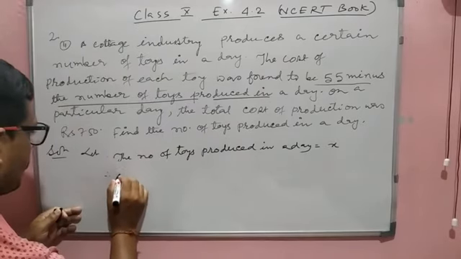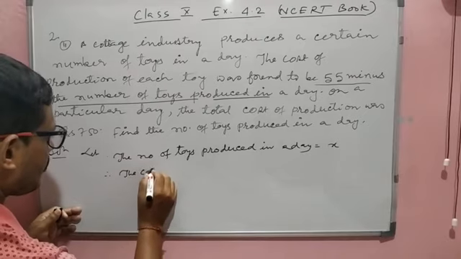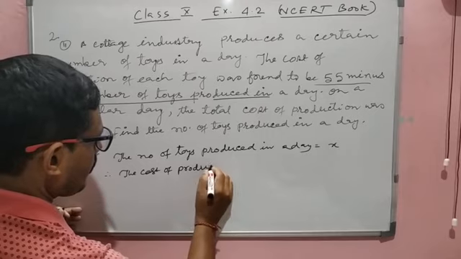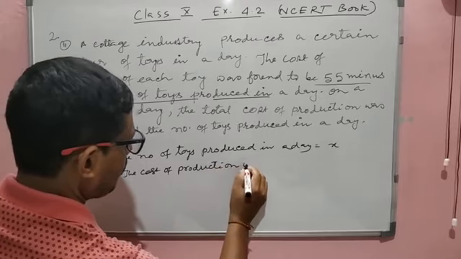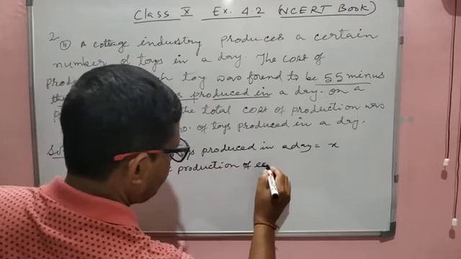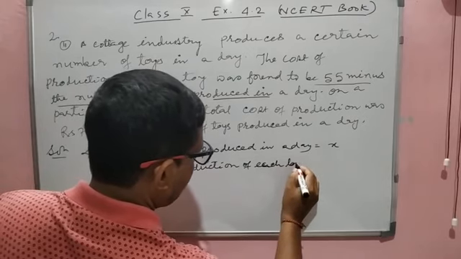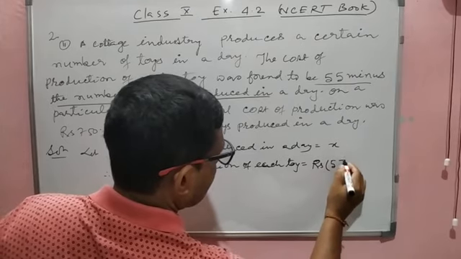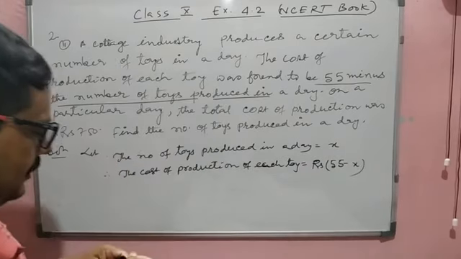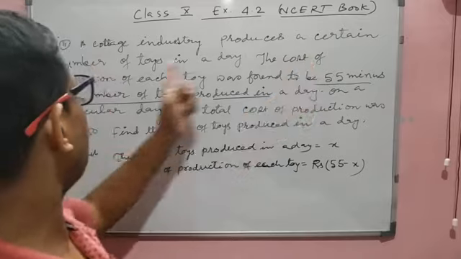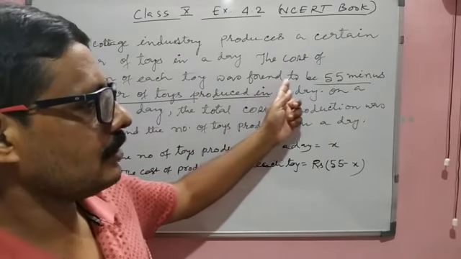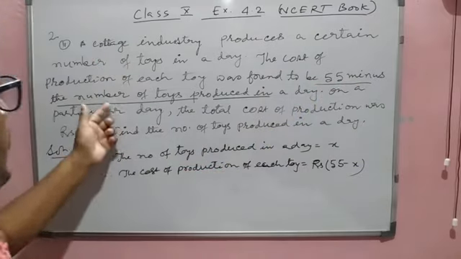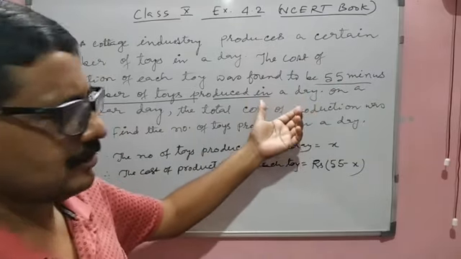Therefore, the cost of production of each toy equals rupees 55 minus X. Here given, the cost of production of each toy is 55 minus the number of toys produced in a day.